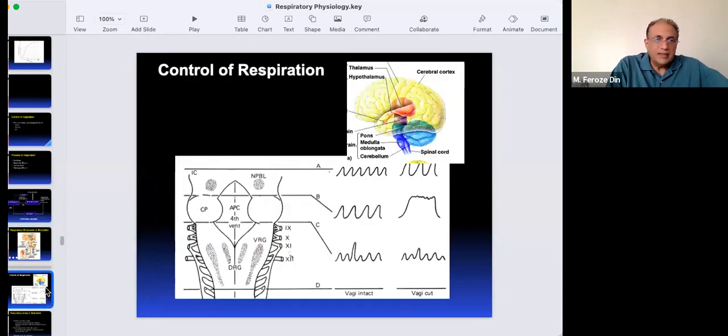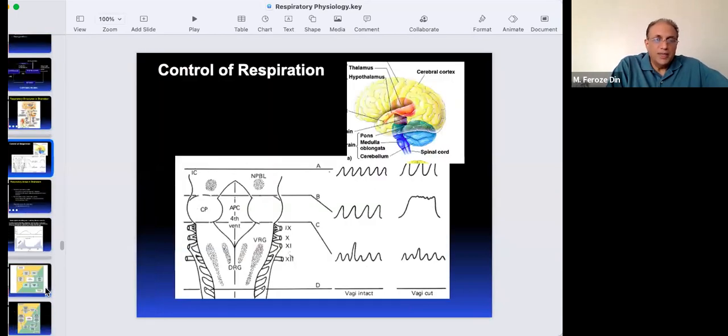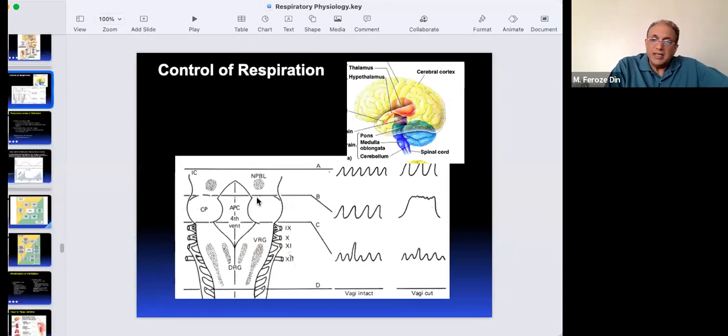Let us then start by looking at the controller, the so-called respiratory center. The respiratory center is in the brainstem. In the brainstem, there are structures which, when stimulated in experimental animals, cause certain effects. Because of that kind of experimentation, those centers have been called various controllers of respiration.